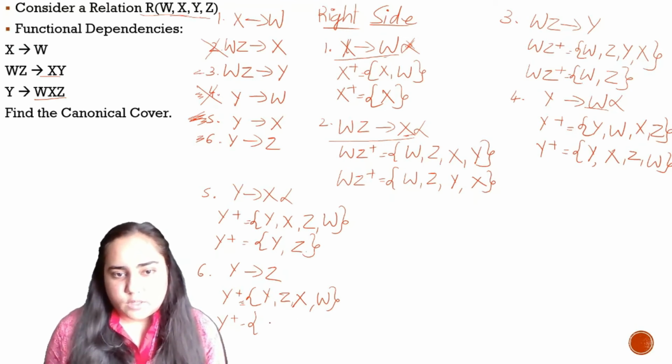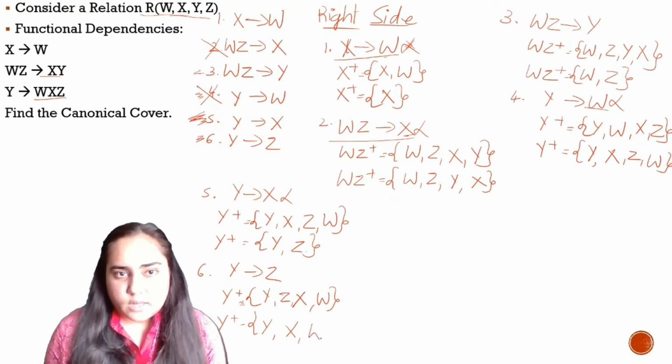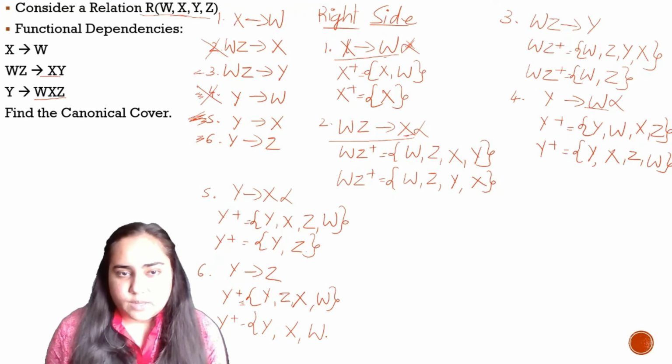Without that, we can add Y. Using number 5, we can add X. Using number 1, you can add W. And there is no way to add Z. So this is changing. These two are different. So we cannot remove this dependency. It is necessary. We keep it.